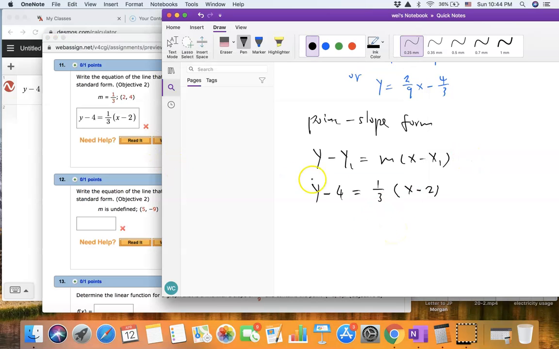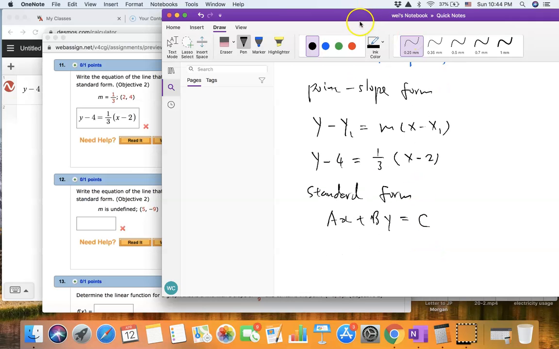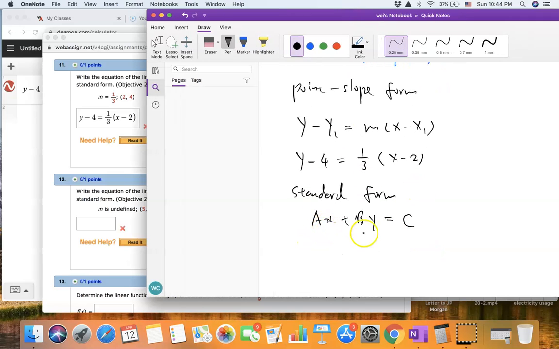Now, how do we write this in standard form? To answer this question, first let's recall what a standard form is. When the equation is in the standard form, first, the x term and y term are on the same side, and the constant is separated from them.